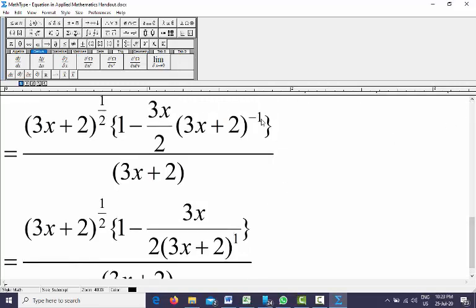If you want to remove the minus from the power, you need to move it to the denominator, so it will come beside 2. When you move it to the denominator, the minus in the power will no longer be there, so we will have only power 1. And as you know, if you have only power 1, you don't have to write it, so we will have something like that.